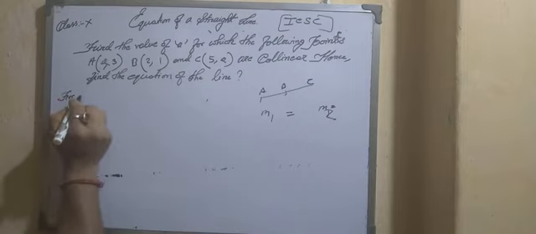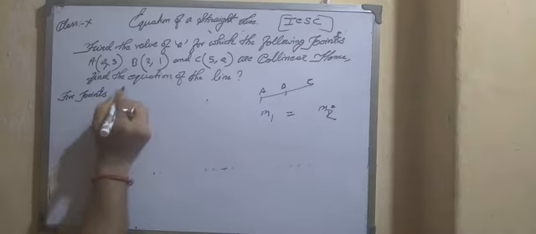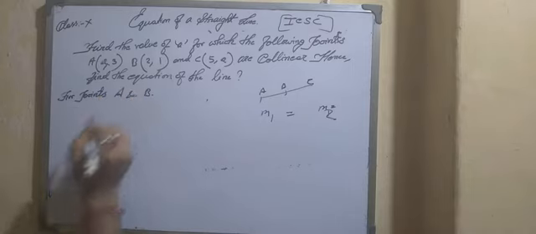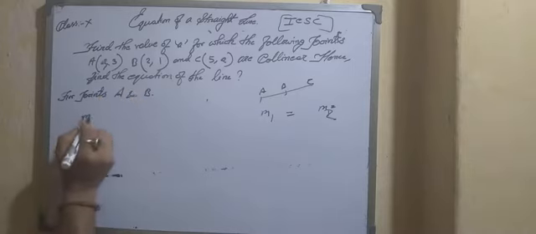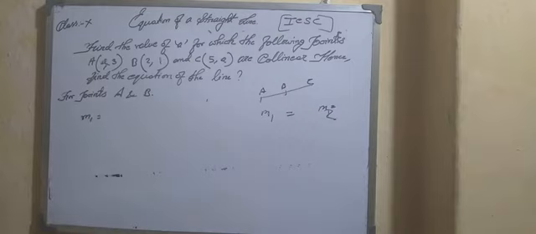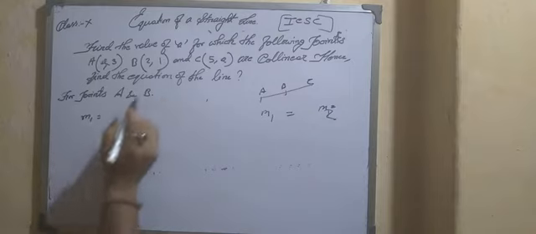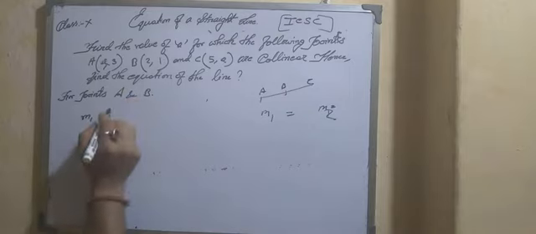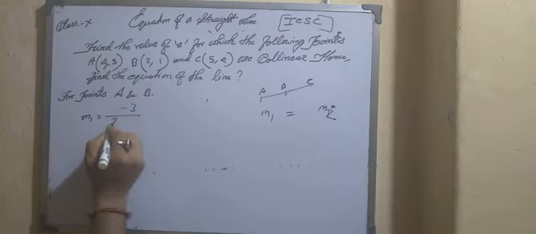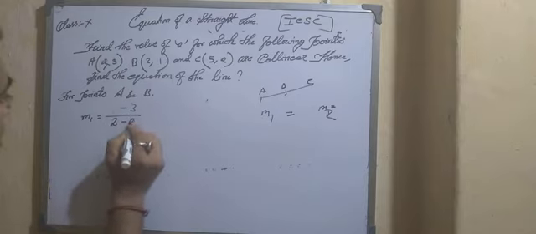For points A and B, m1 equal to y2 minus y1, that means 1 minus 3, over x2 minus x1, that means 2 minus a.